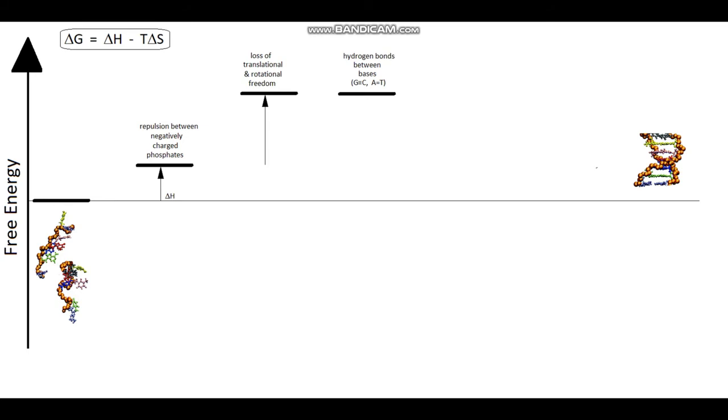The important thing about that, though, is that even to break even at that point, we had to have the correct complementarity. In other words, we had to have G paired with C, A paired with T, and that's the crucial thing in terms of DNA's function. So although it's not helping us stabilize the double helix, it's very important for not destabilizing it even more.